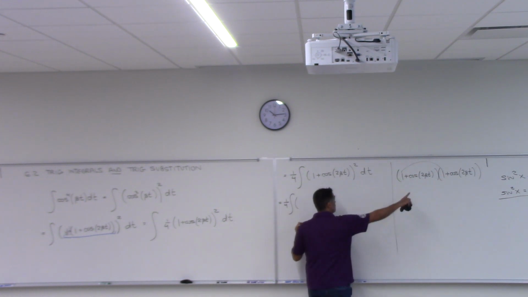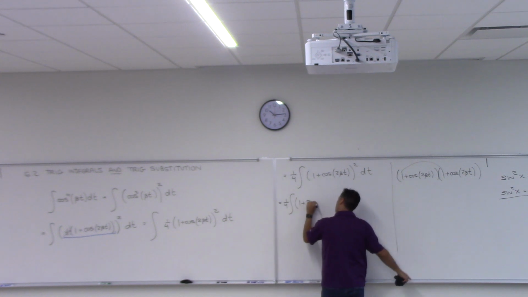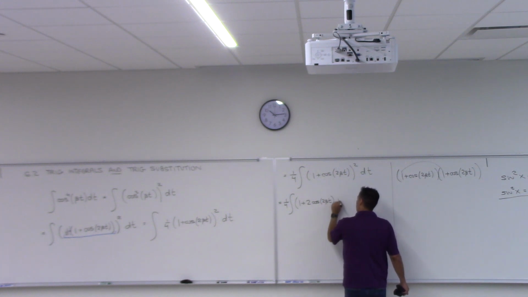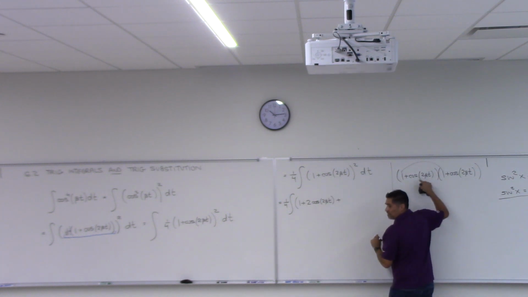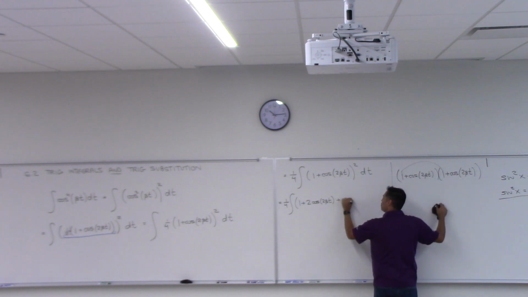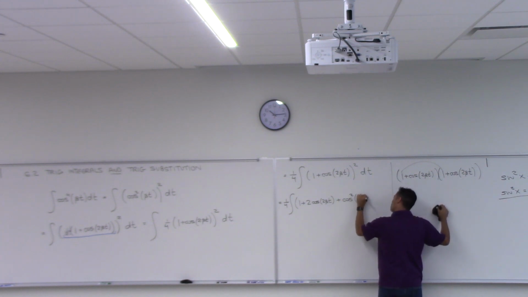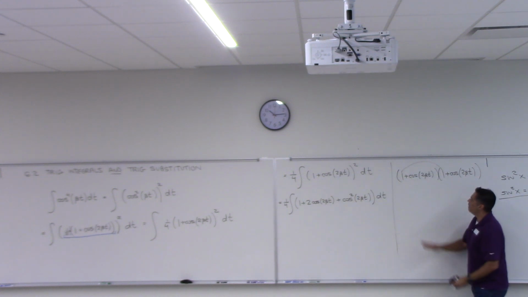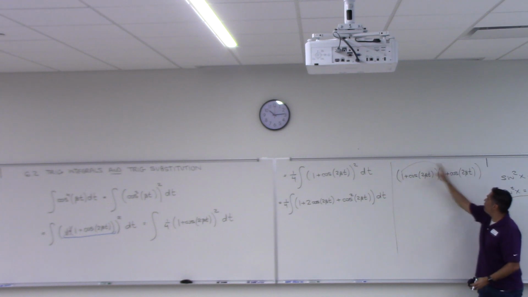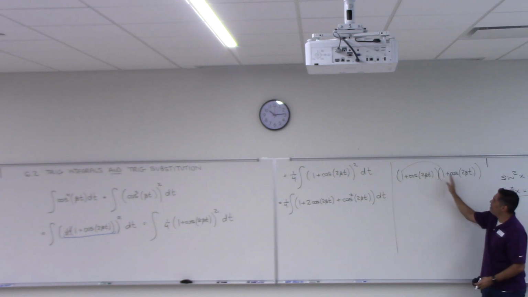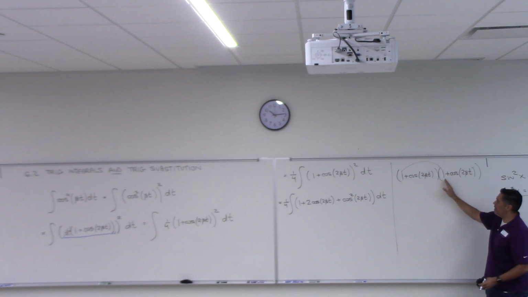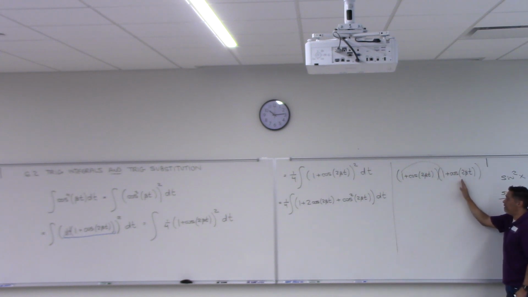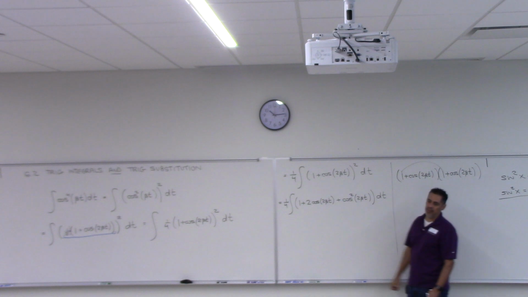It's 1 plus 2 cosine of 2 beta t, that's the middle pieces together, plus the cosine times itself again, so cosine squared of 2 beta t, all of that dt. So this was 1, then I had cosine 2 beta t, plus another cosine 2 beta t. That gives me 2 of them. And then cosine of 2 beta t times cosine of 2 beta t is cosine squared of 2 beta t.